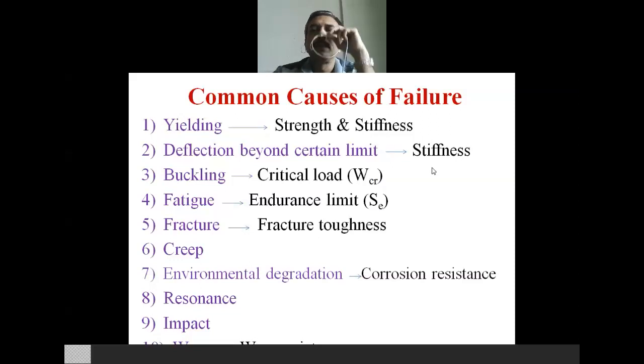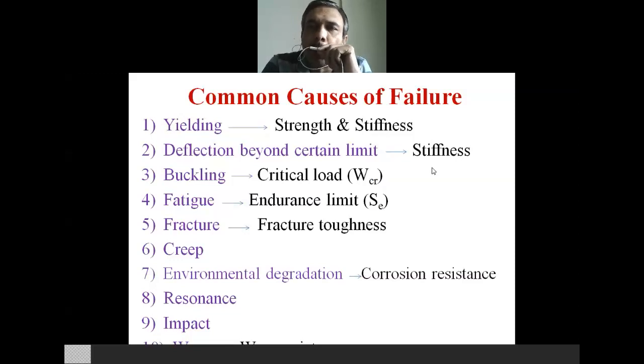And other than Euler's equation, you can use one more equation to find the critical load. Other than Euler's equation, we use Johnson's equation.